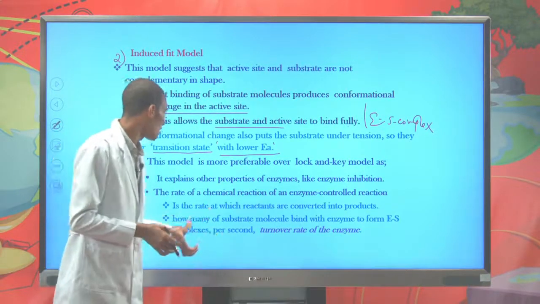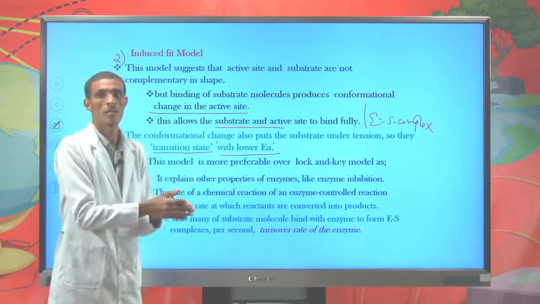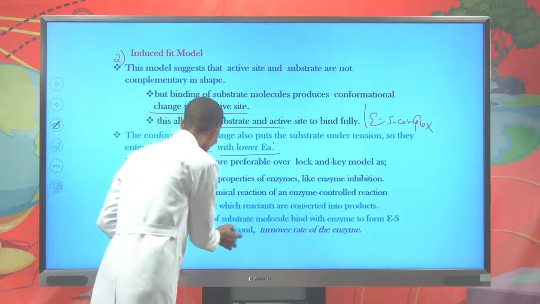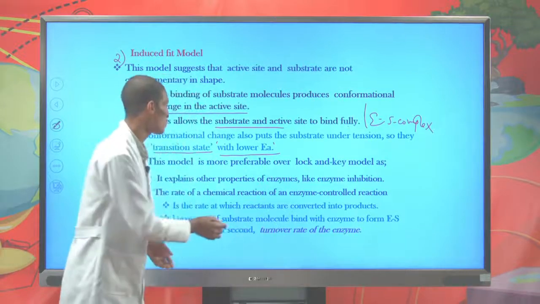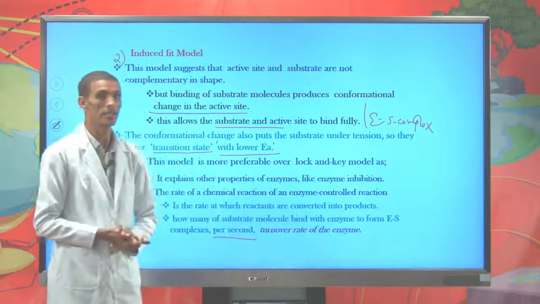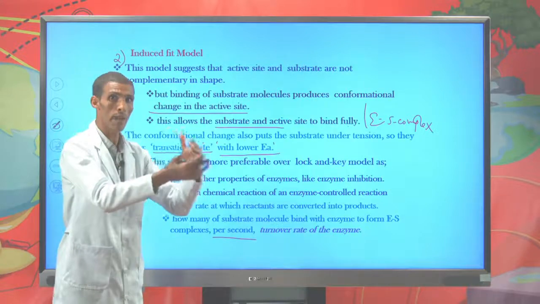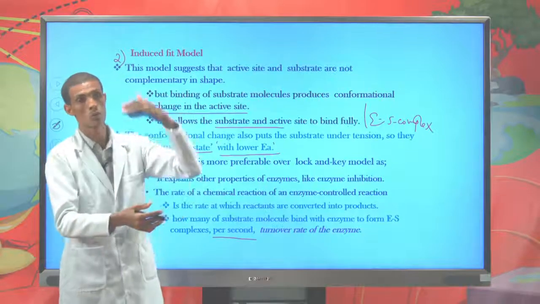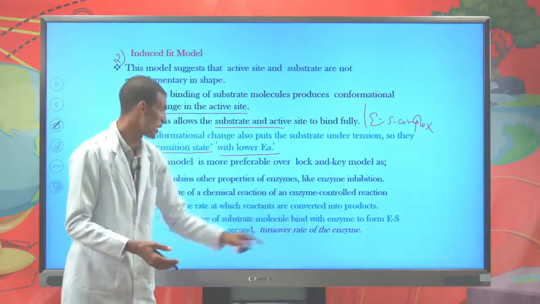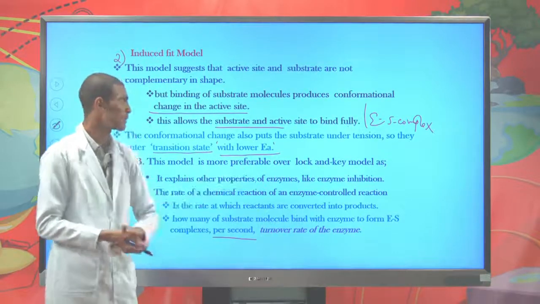And again, how many substrate molecules can bind to an enzyme molecule to form the enzyme substrate complex per second, which determines the turnover rate of an enzyme. The rate at which substrate binds with the enzyme to be transferred to product. Turnover rate is the speed determining factor.